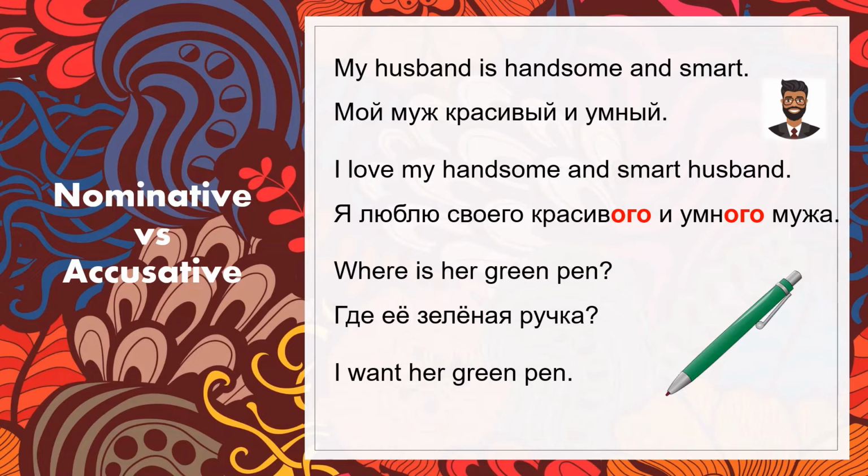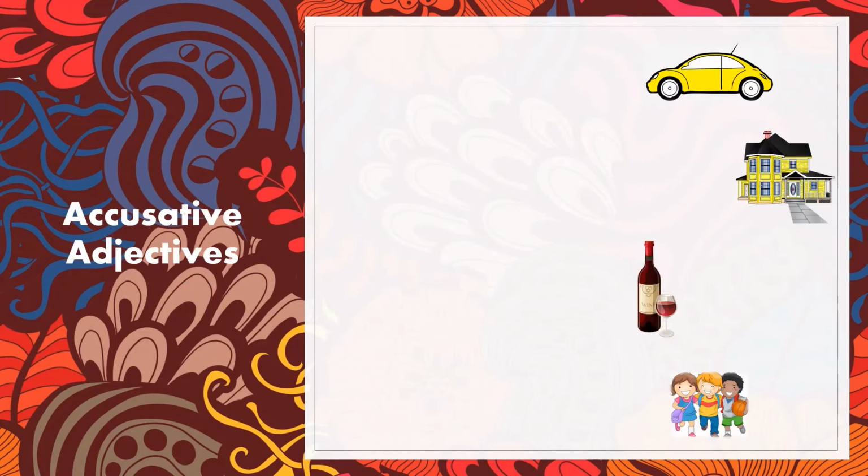So green pen will be an accusative. Я хочу ее зеленую ручку. Okay, since pen is female, the ending is ую. Alright, now that we've reviewed the difference between nominative and accusative, when to use which, let's look at some examples of just accusative adjectives and nouns. Okay?